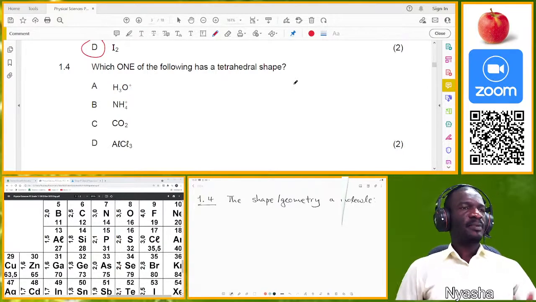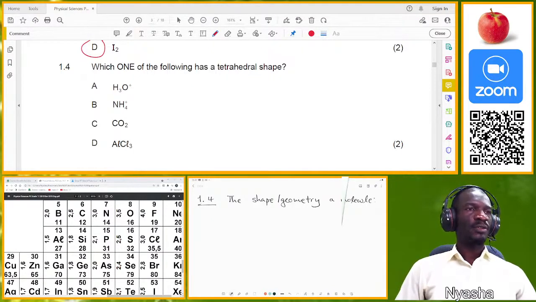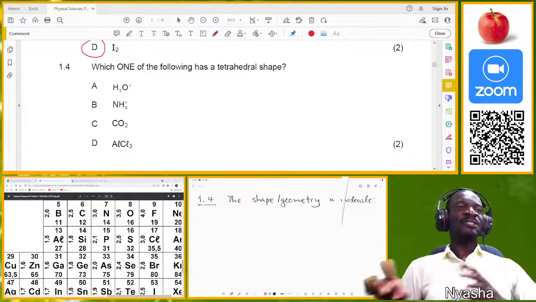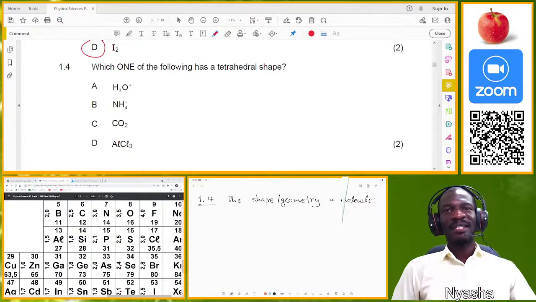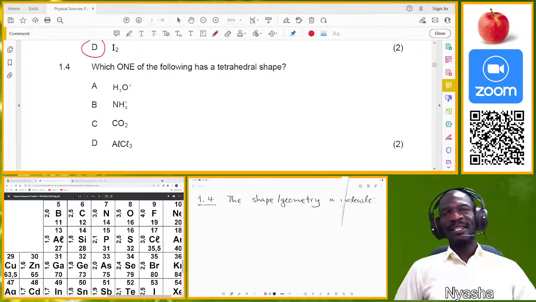There are many steps that you can use to try and figure out the geometry of a molecule. First of all, I think the last stages of the geometry selection are the stages which lead you to look for certain things, right?